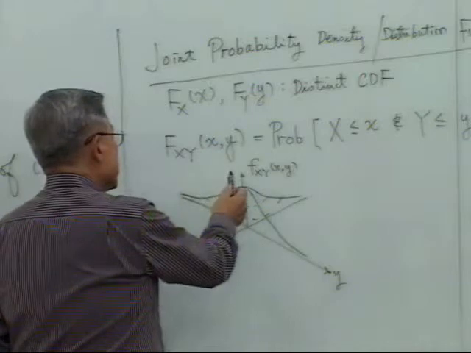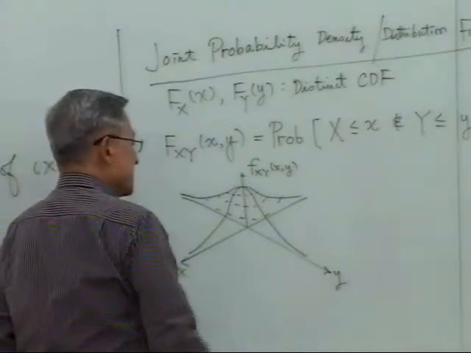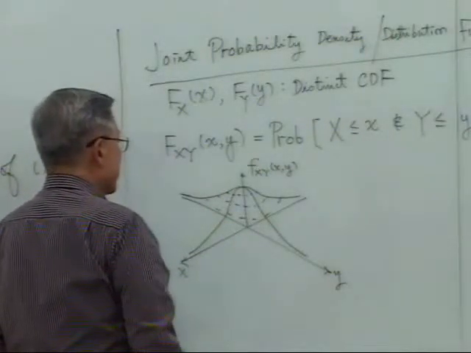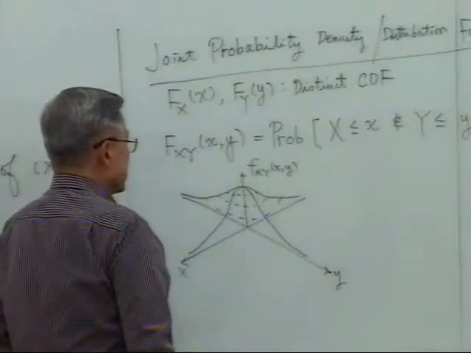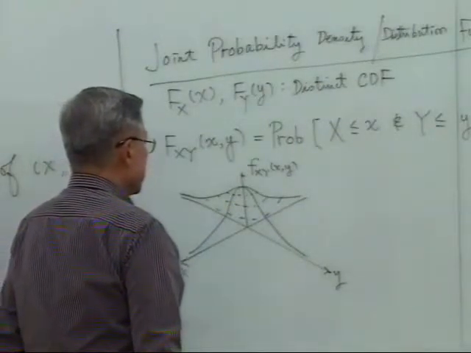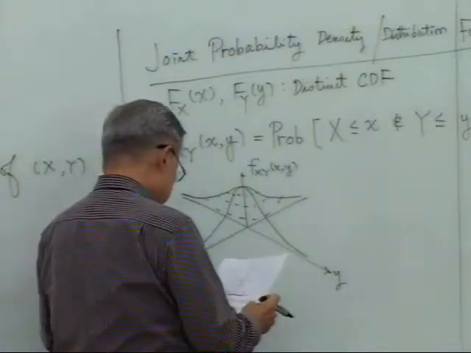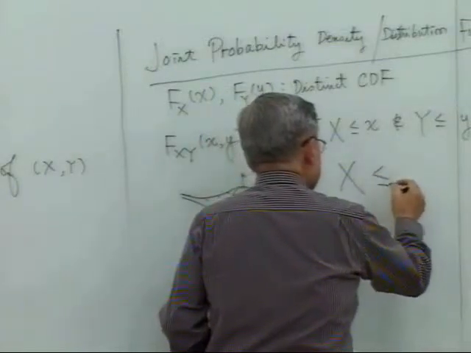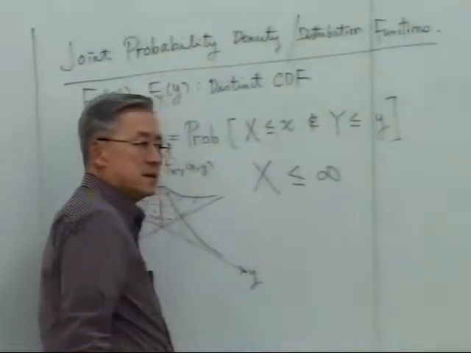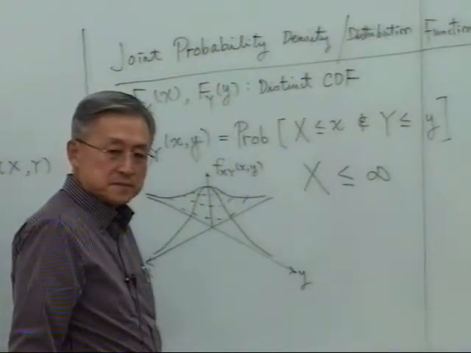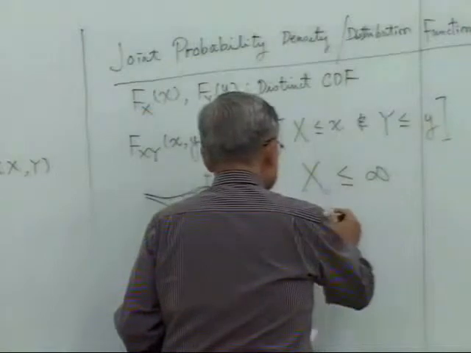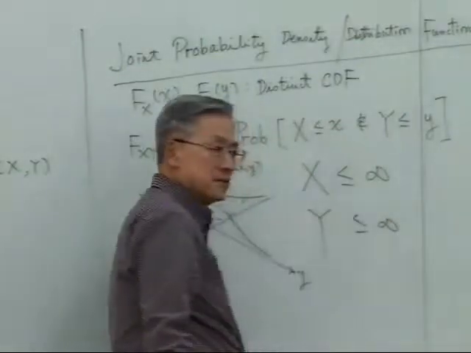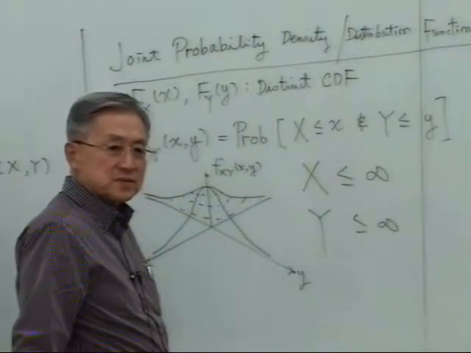If you compute the volume, like you did in the one random variable situation, you can compute the cumulative distribution function. So here, x is less than or equal to infinity, and of course y is less than or equal to infinity. That's very straightforward.